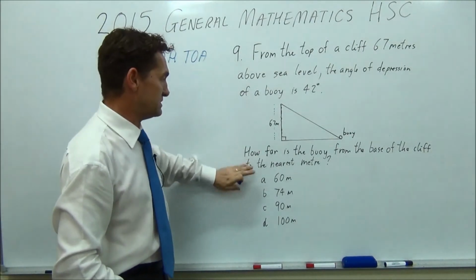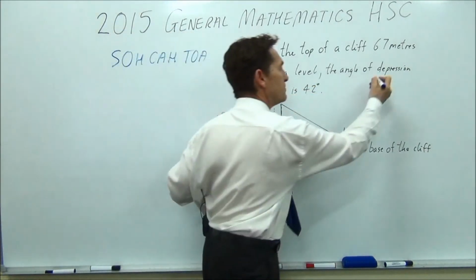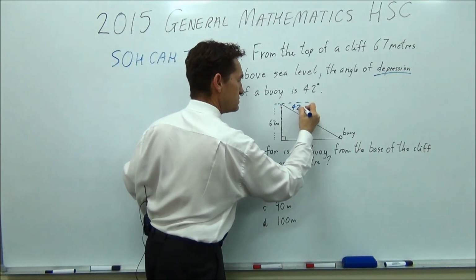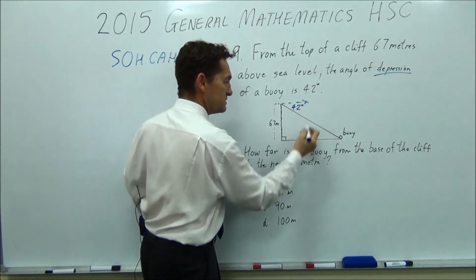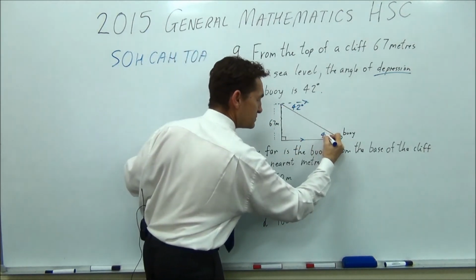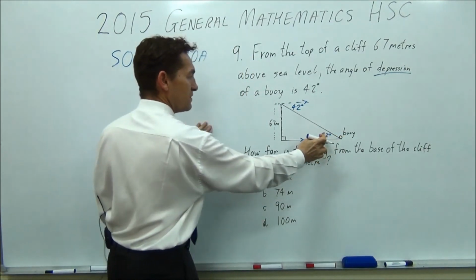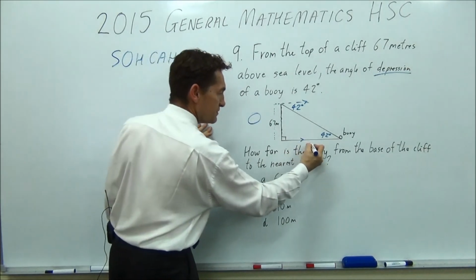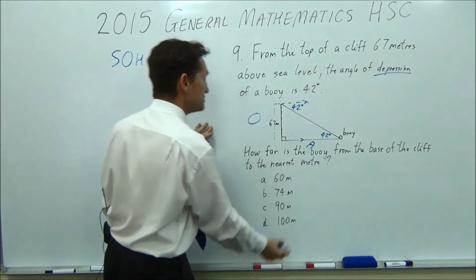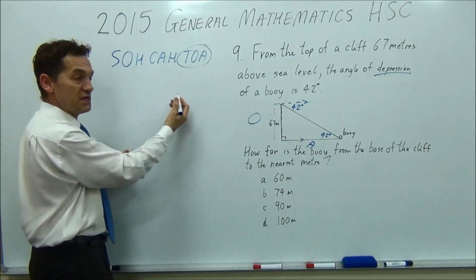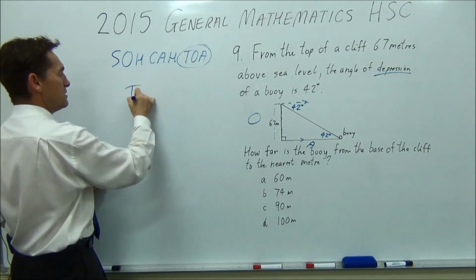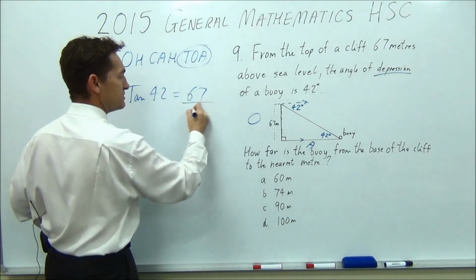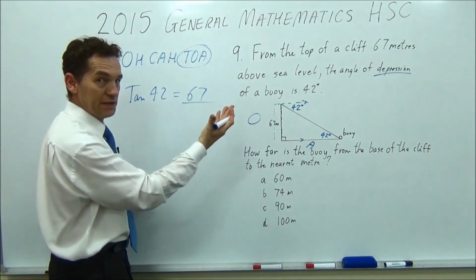Okay, so I've got this. It says the angle of depression up here. So depression is going down. So that's 42. But since this is parallel to this, that's also 42. So we've got that angle, this side over here, which is the opposite, and we want to find this distance, which is adjacent. So we're going to use tan. So we're going to go tan 42 equals 67 over this length, and you can call it any letter you want.